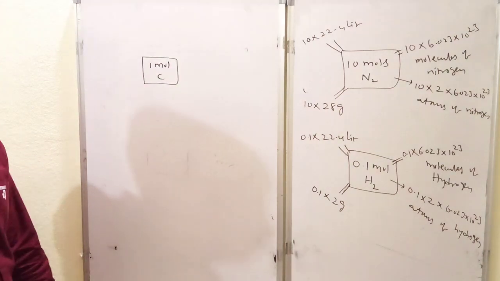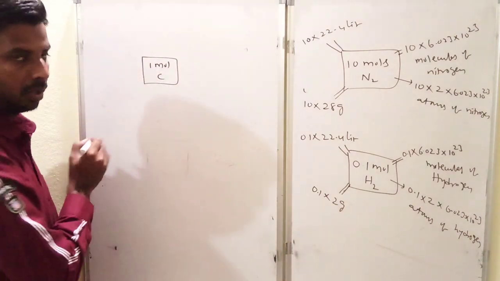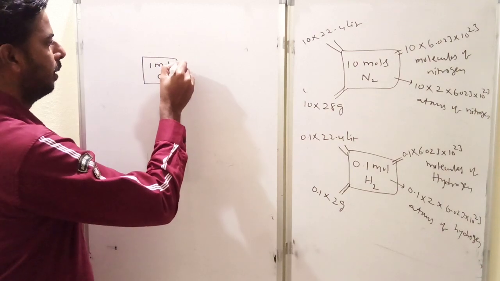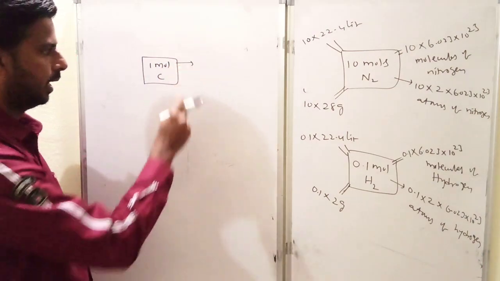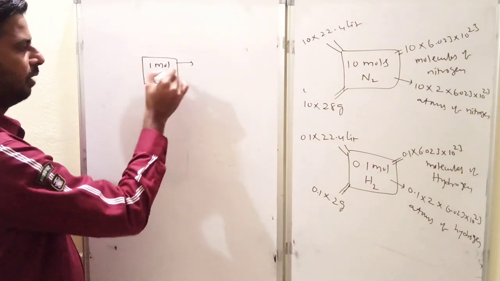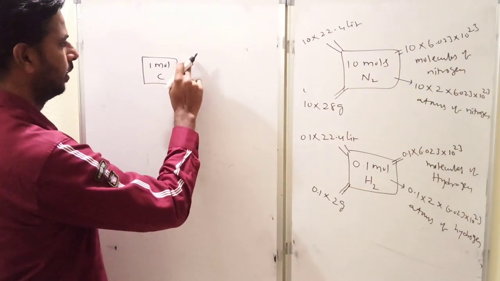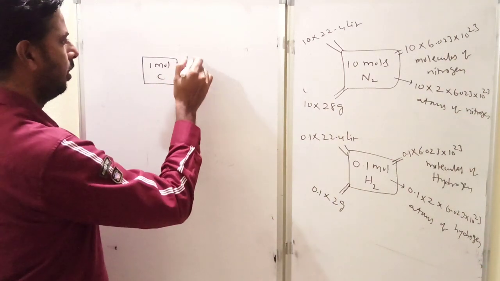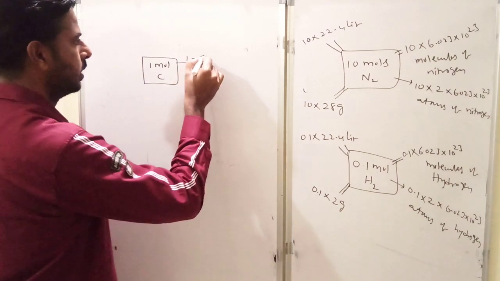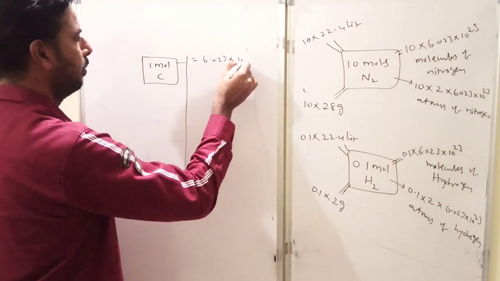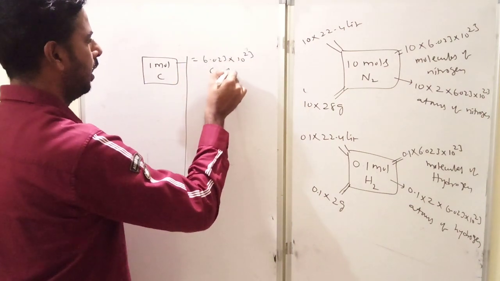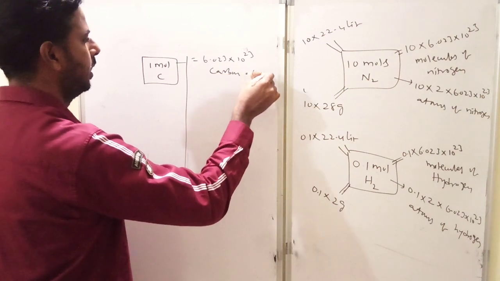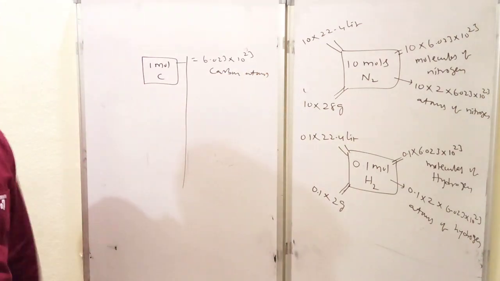How to analyze this 1 mole carbon? I can write the points here. 1 mole of carbon equals 6.023 into 10 power 23 carbon atoms. Is it clear? Because it is atomic state.